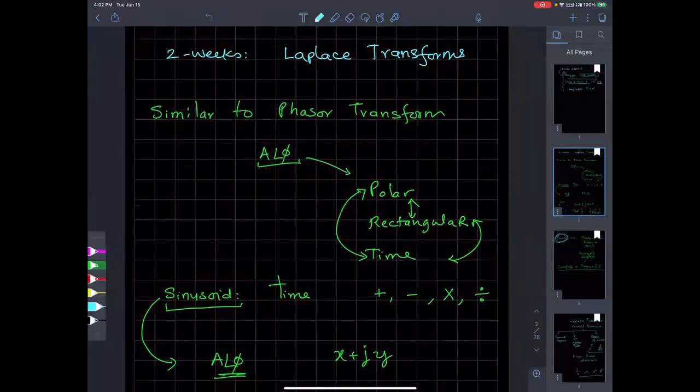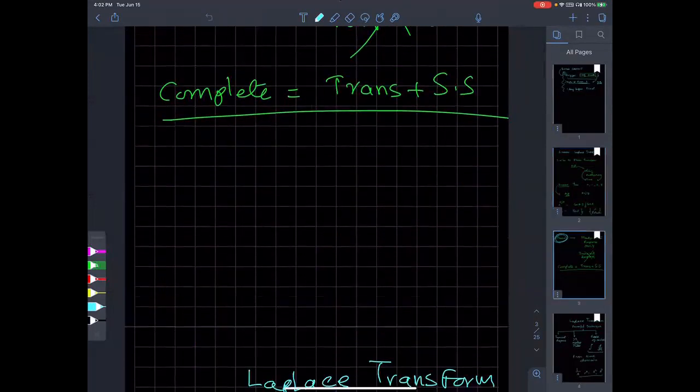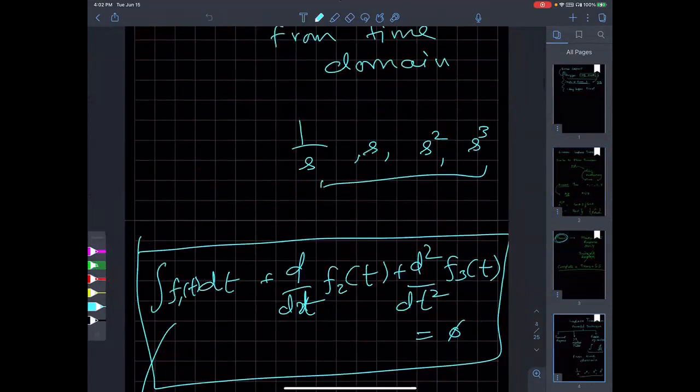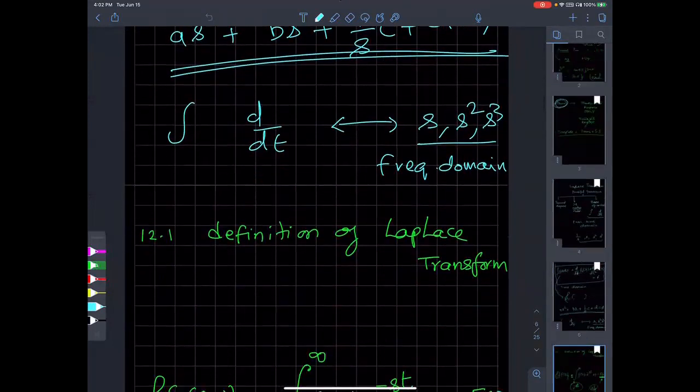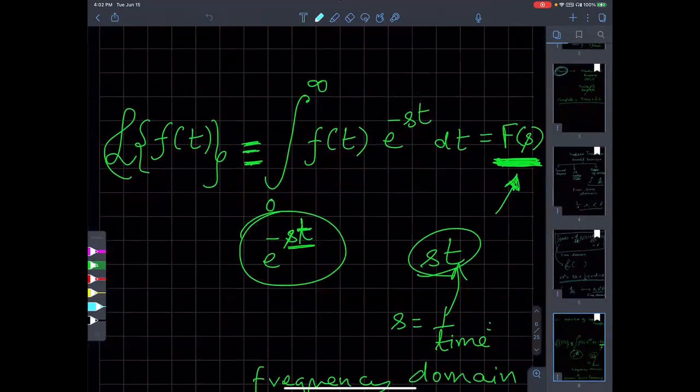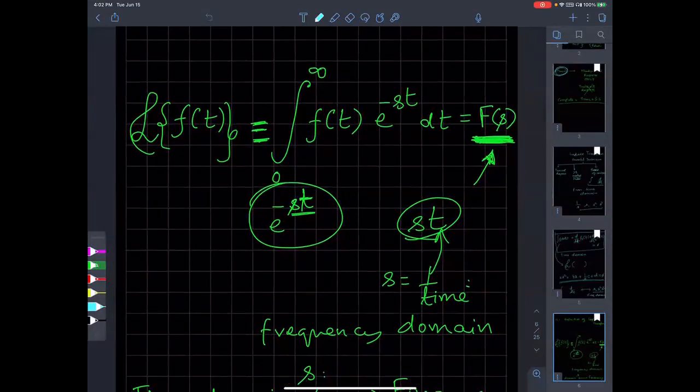So this is what we discussed in the last class, Laplace transforms. I gave you the definition for a Laplace transform. The definition is an integral over 0 to infinity of the function f of t, for which we are finding the Laplace transform, times e to the minus st dt.